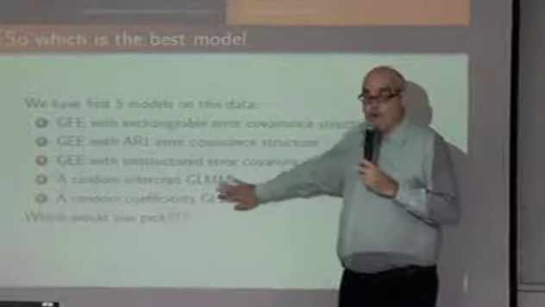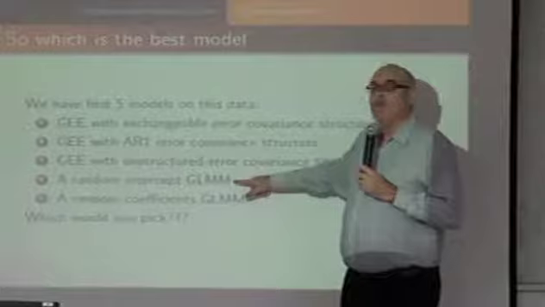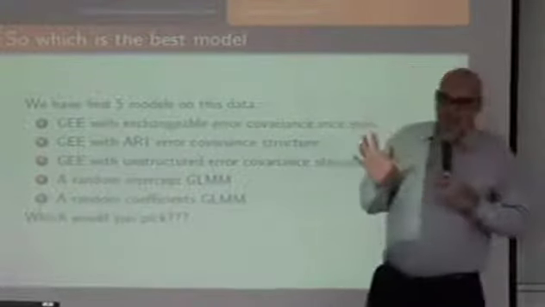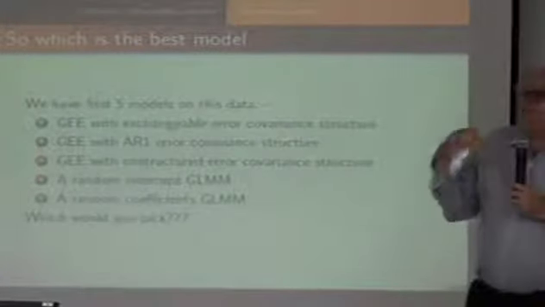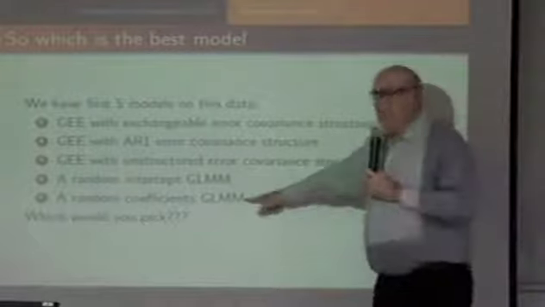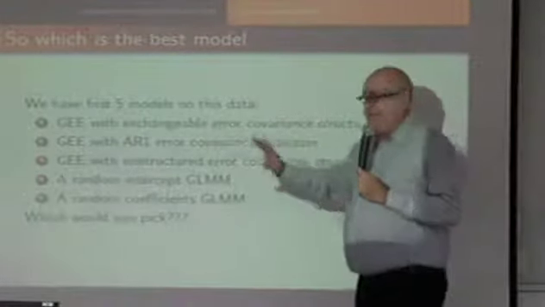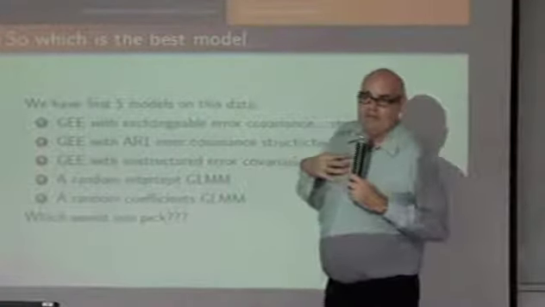Okay, I will always use a mixed model before I use one of these. And the random intercept we saw fit the data a little bit better. I shouldn't say fit the data, was more efficient at fitting the data. The extra model complexity here wasn't worth it. I would go with the random intercept GLMM. And you're not actually wrong to pick one of these. This is a personal preference for me.